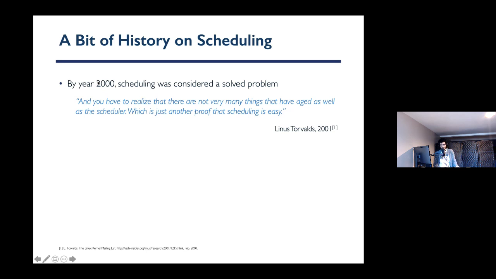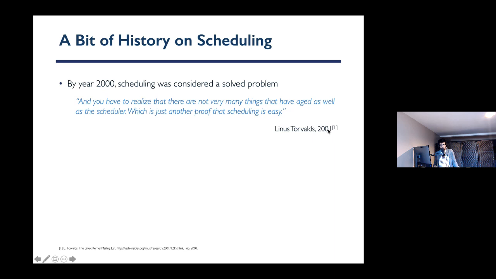The reason mainly was, by that time, 99% of our processors were uniprocessors. And we had solved it for uniprocessors, which is basically what you're going to see in these lectures. At that time, Linus, the creator of Linux, had a quote.